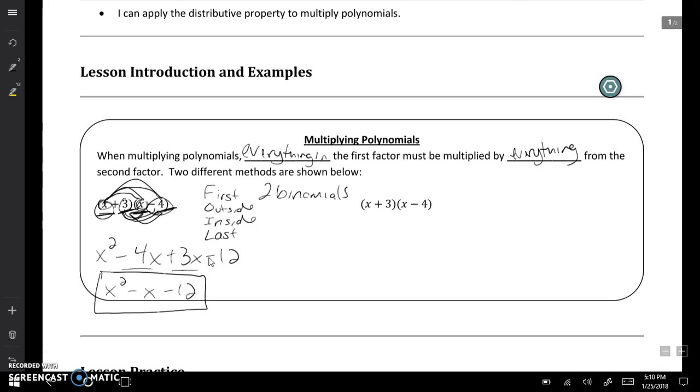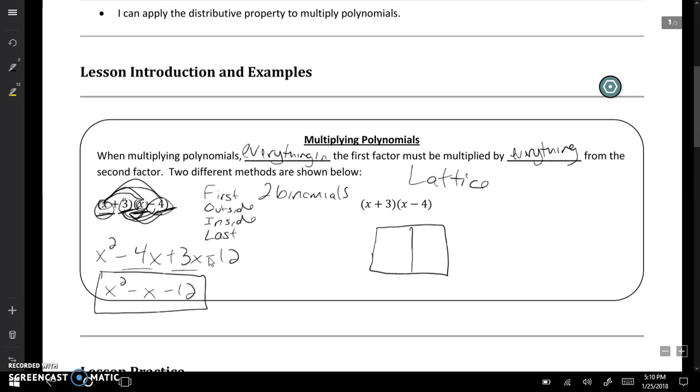The other way is the lattice method. So what we're going to do is you have a binomial and a binomial, so we're going to make a 2 by 2 box. Up over here, we're going to go x, and then we got a positive 3. Then we got an x, and we've got a -4. And so x times x is x squared. x times -4 is -4x. x times 3 is 3x, and 3 times -4 is -12.